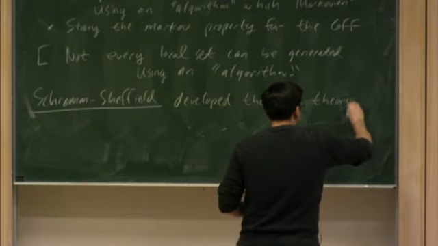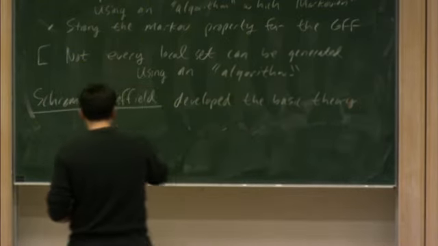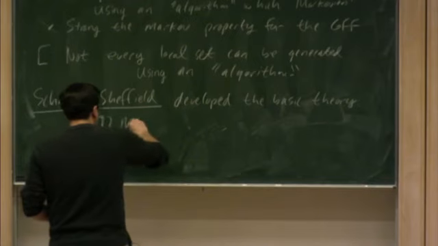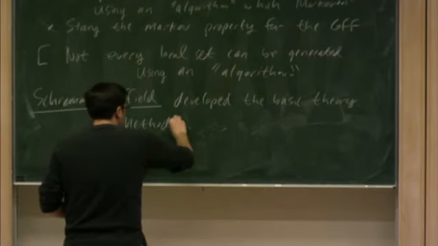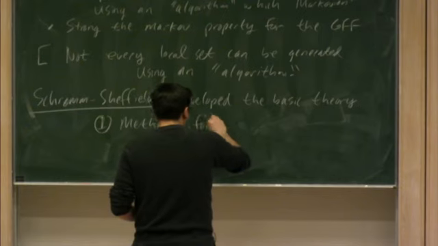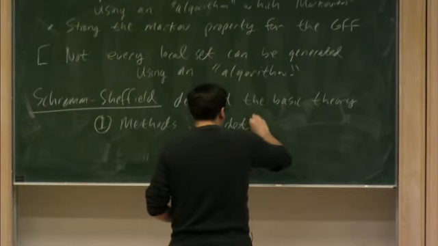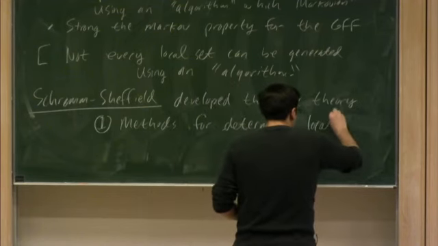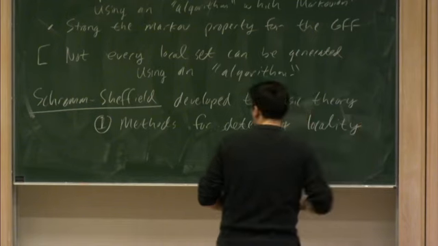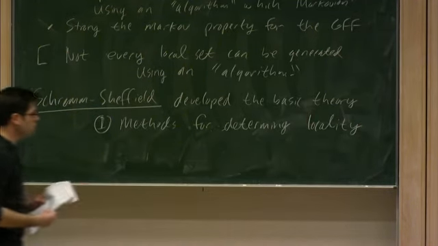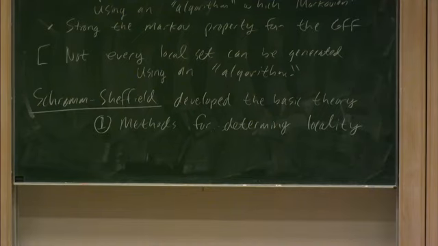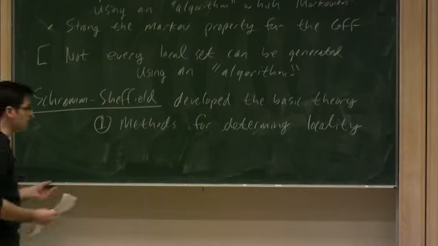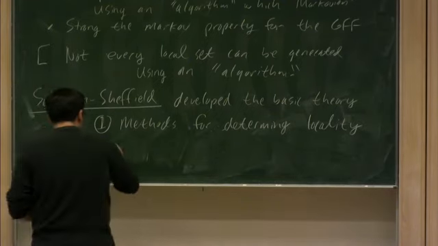The types of results that they prove are, number one, a bunch of different methods for determining whether or not something is local. This is contained in just one lemma in their paper, but it turns out to be extremely powerful when you work with the SLE Gaussian free field coupling, and in other contexts too.